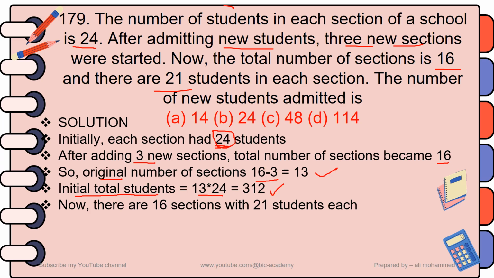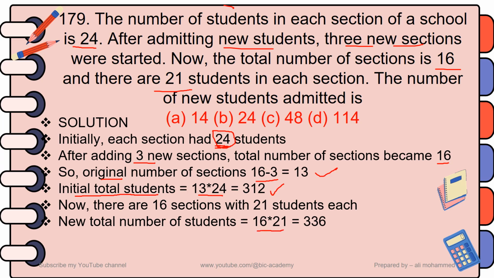Then the total number of students after admitting new students becomes 16 times 21, which is equal to 336.